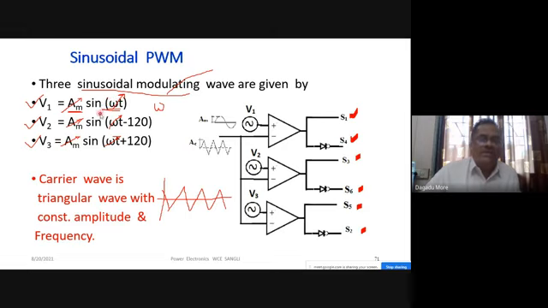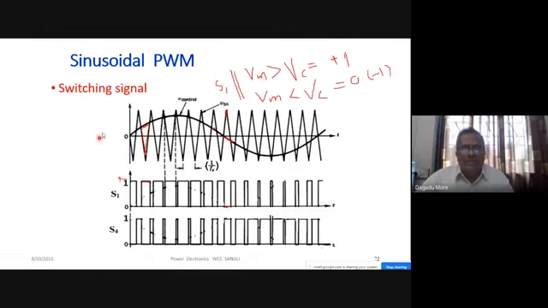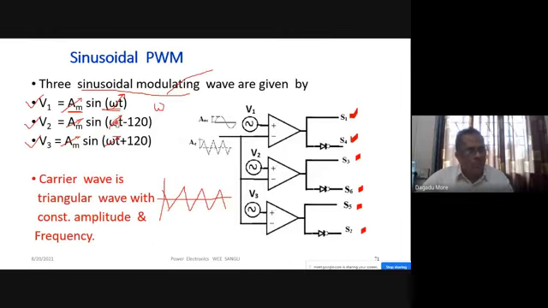The output frequency is the same as the modulating wave frequency. So AM is controlled to control the output voltage, and omega is controlled to control the output frequency.